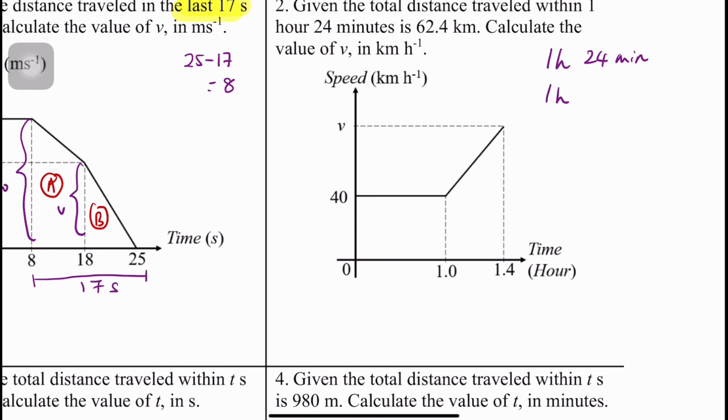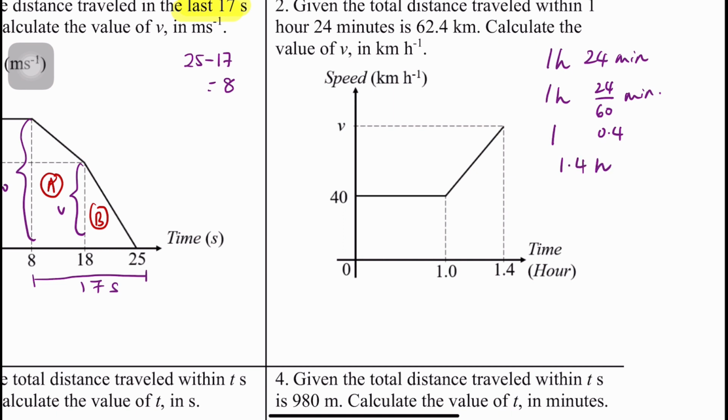So 1 hour, 24 divided by 60. So 24 divided by 60 is 0.4. So you have 1.4 hours.